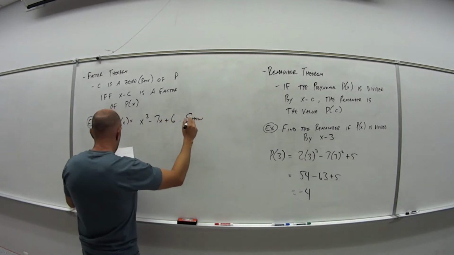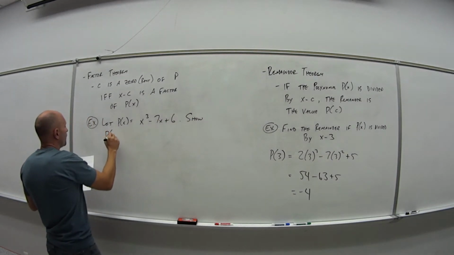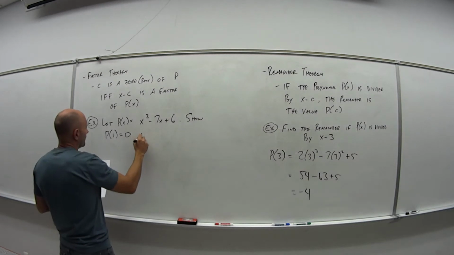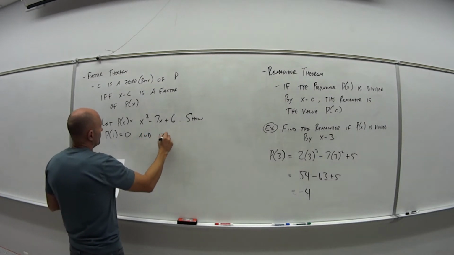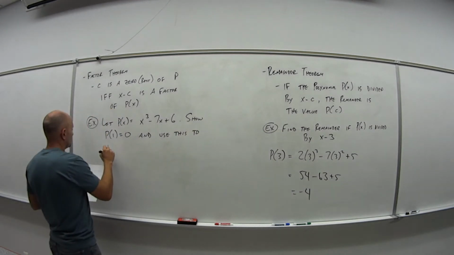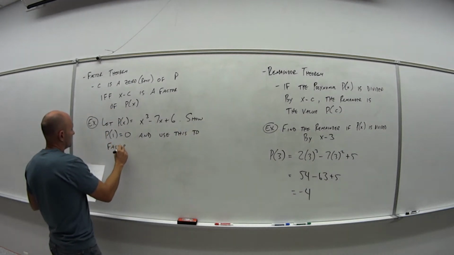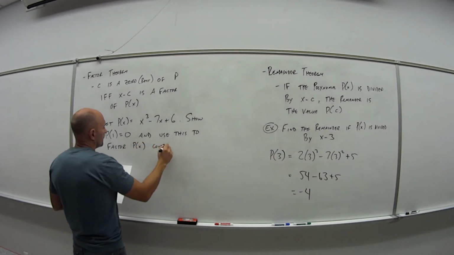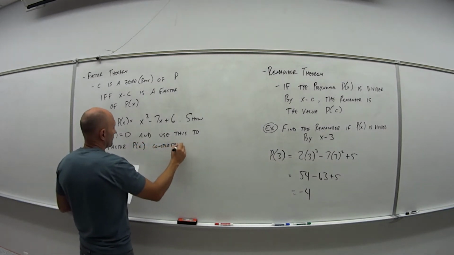We want to show that p of 1 is equal to 0 and use this to factor p of x completely. So a couple things here.